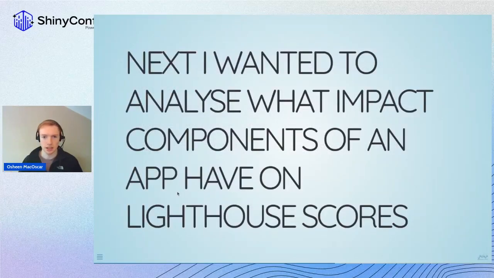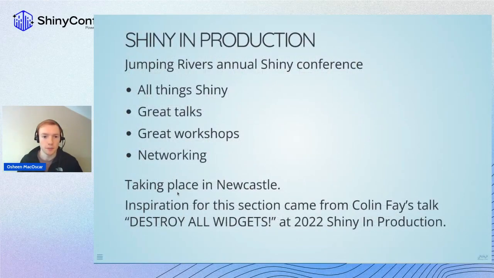So this slide is pretty hard to read, but the next thing I'm going to talk about is I wanted to use Google Lighthouse to analyze what impact components or widgets in a Shiny app have on the Lighthouse scores. So this is a little segue to the Jump Rivers annual Shiny in Production conference, where we do all things Shiny.